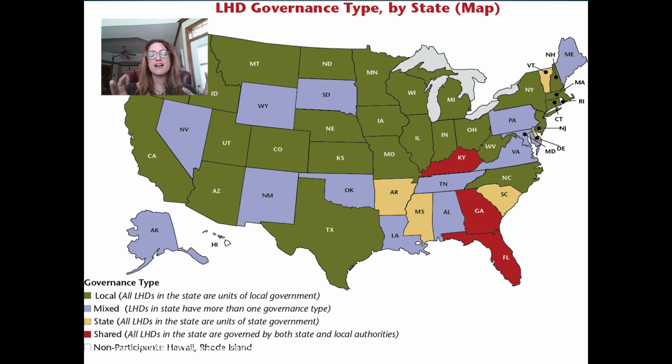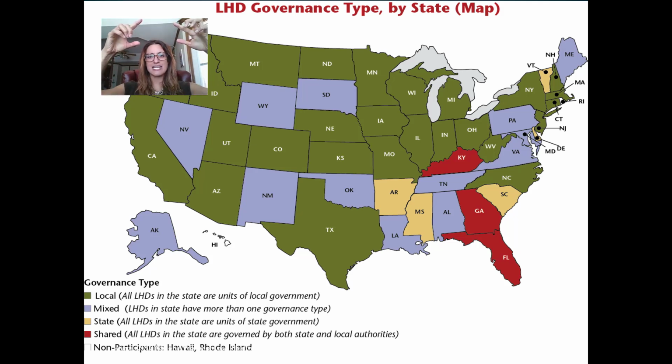So when you see the green states here, you see that communities and counties more often are seen as their own independent little areas that can dictate the way that health is run within their communities. Yellow is where the state dictates, the state is the main central power, and you can think of all of the local health departments as little mini satellites.